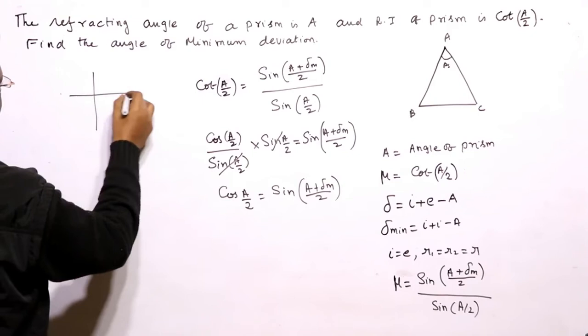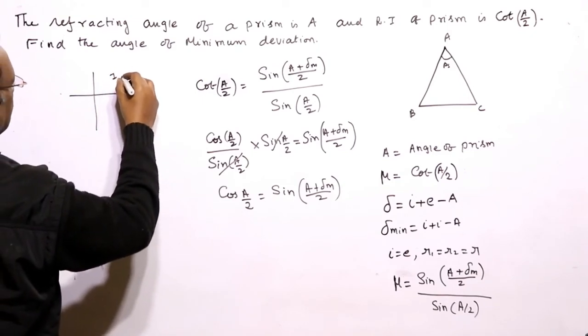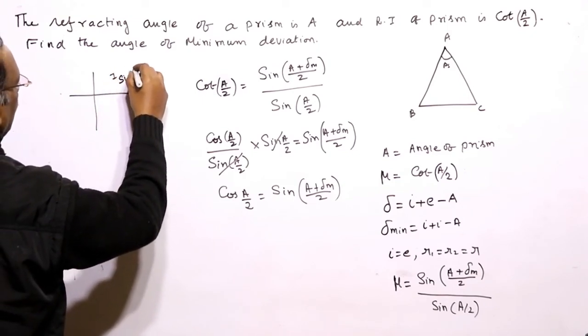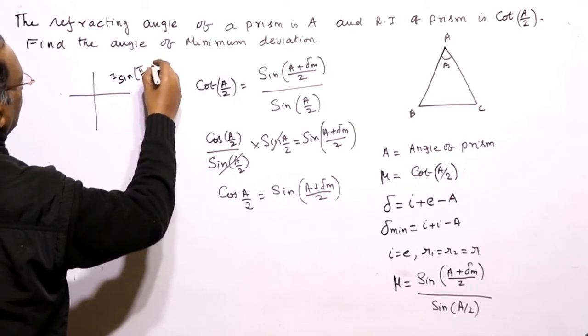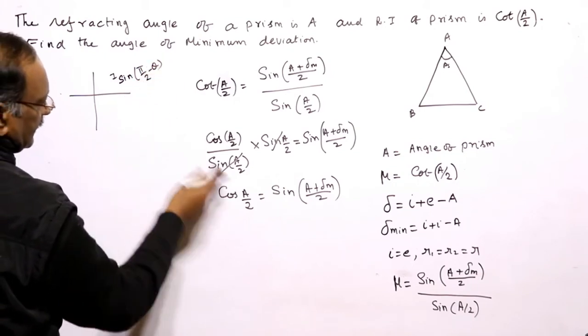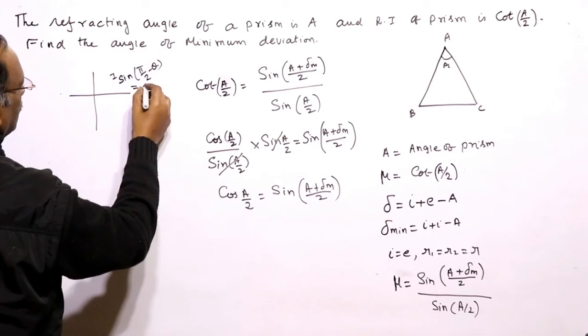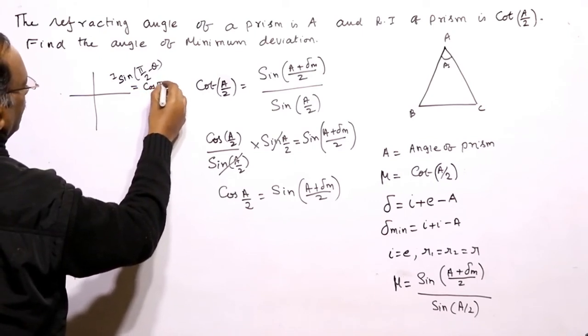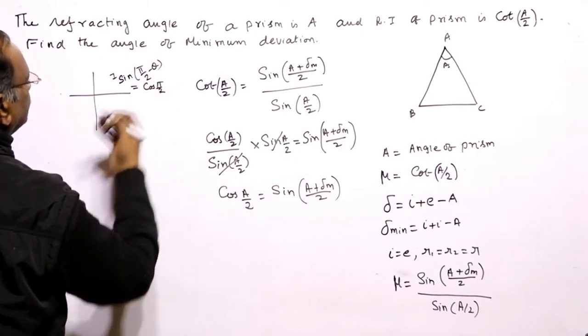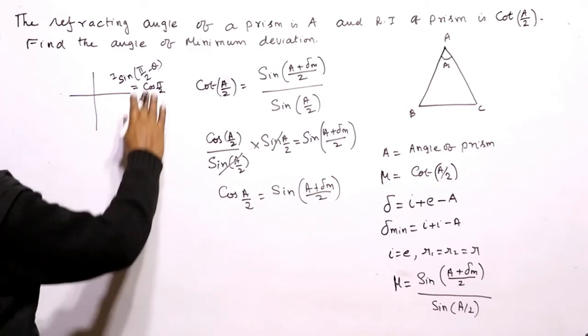How is it? See, in the first quadrant, sine of pi by 2 minus theta is equal to cos of theta, where theta is equal to A by 2.